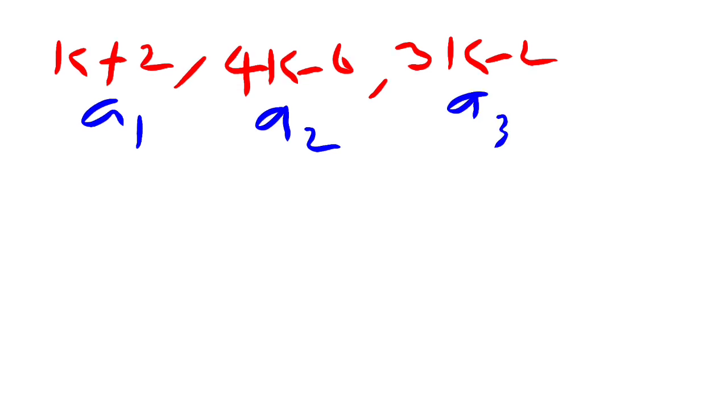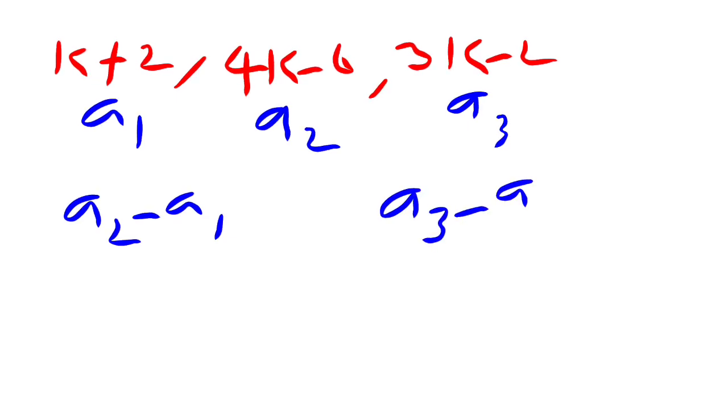Am I right? Because these three are in the AP. So the first common difference is a2 minus a1 and the second difference is a3 minus a2. These three are in the AP, so these differences must be common, common nothing but equal.